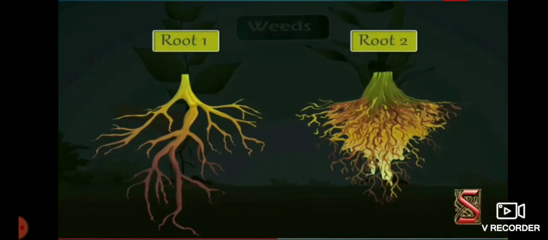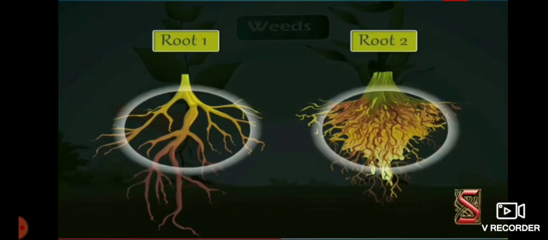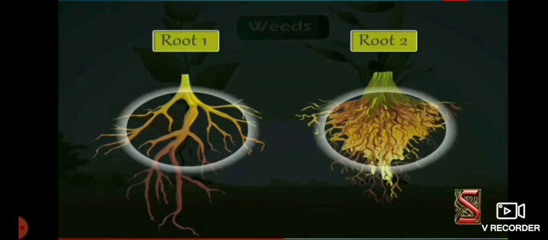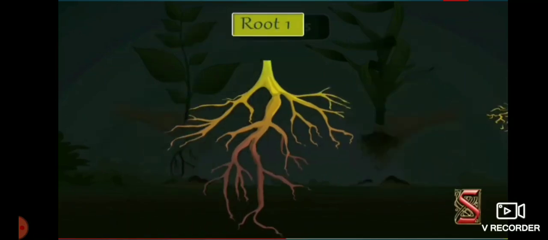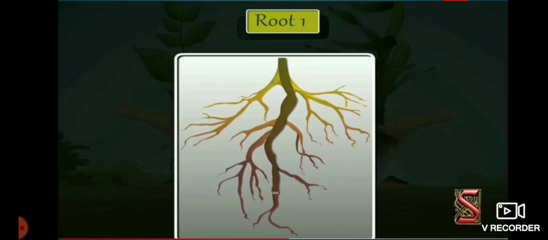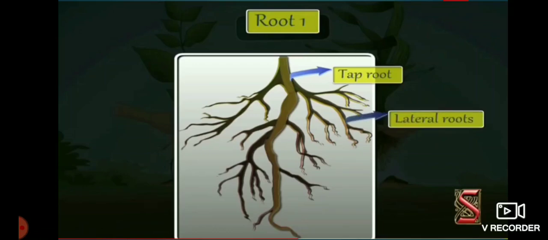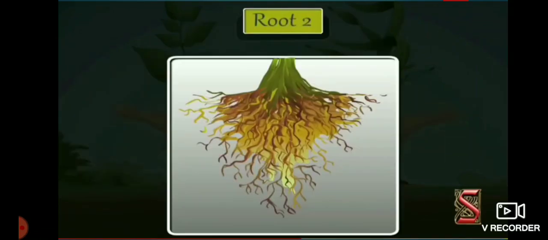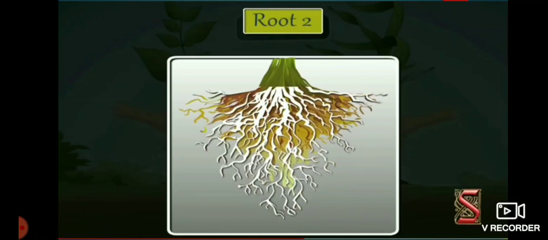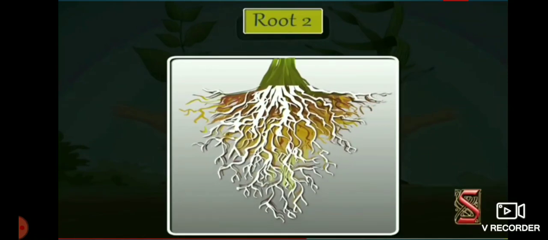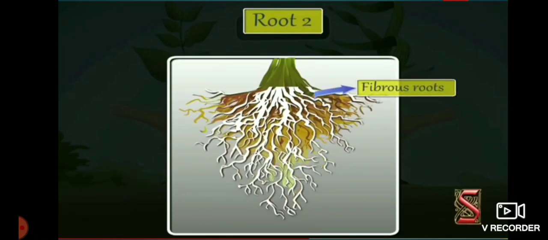Observe the roots. In root 1, you can see that there will be a main root. We call it tap root, and there will be small roots coming from it. We call it lateral roots. In root 2, you will see fibrous roots.